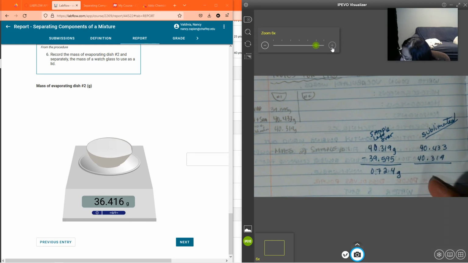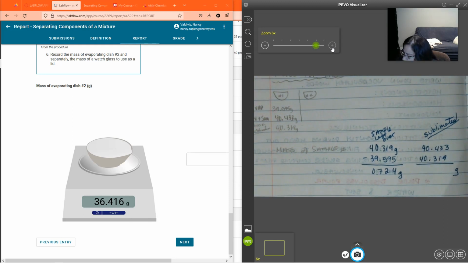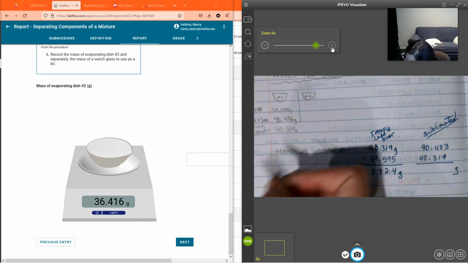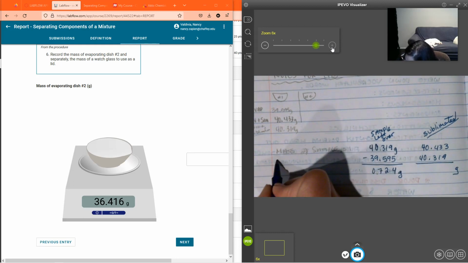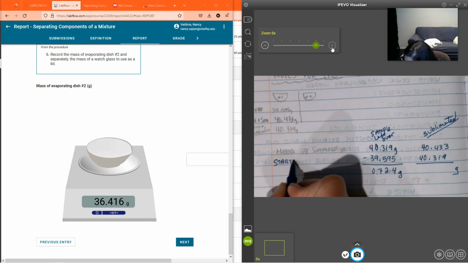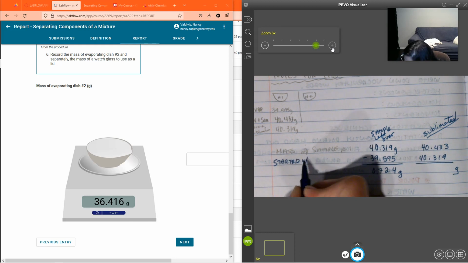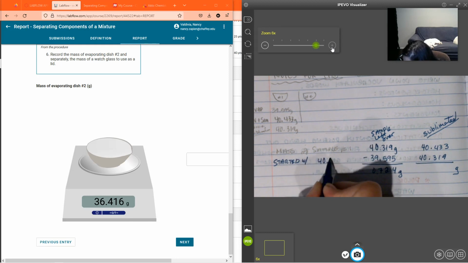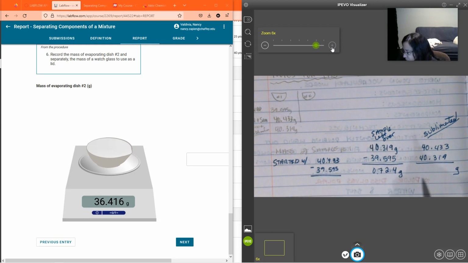And then do your math with this one as well. And if you want to know how much you started with, the mass of sample number one you started with is going to be your 40.433 minus your 39.595. Okay. And that's going to be the mass that you started with.